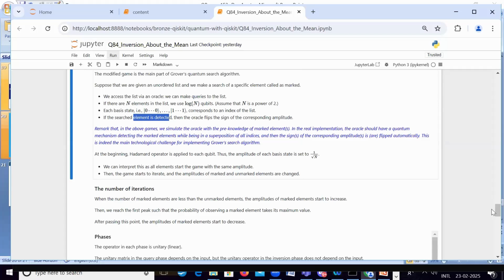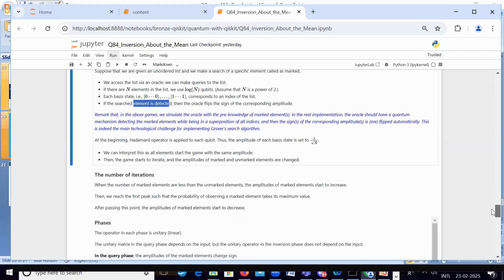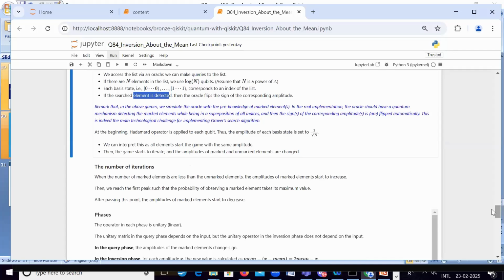In the second one, we calculate the reflection over the mean of all the elements, which we did, and then also represented in graphical form. The next is to see the actual representation of quantum states. Quantum representation is also done by calculating the length, which is always preserved as one.